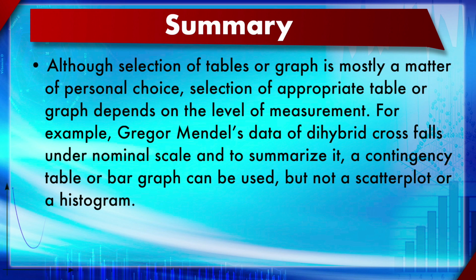For example, Gregor Mendel's data of dihybrid crosses falls under the nominal scale, and to summarize it, a contingency table or a bar graph can be used, but not a scatter plot or a histogram, because that falls under the nominal scale of measurement. Hope you have enjoyed it. Thank you.